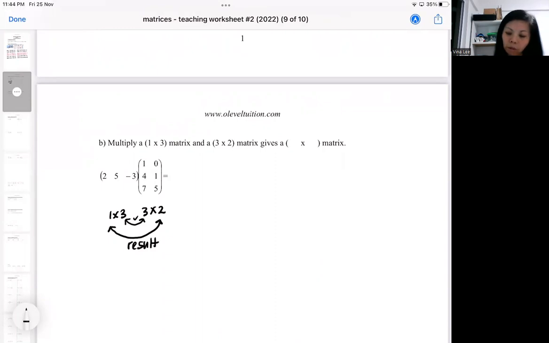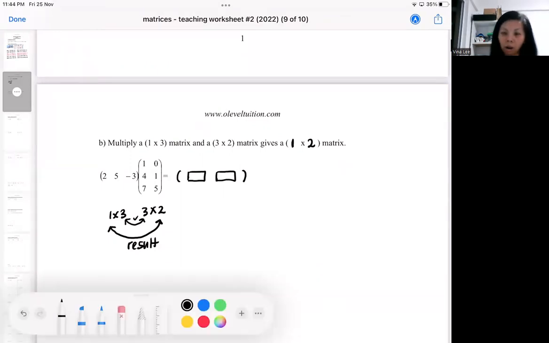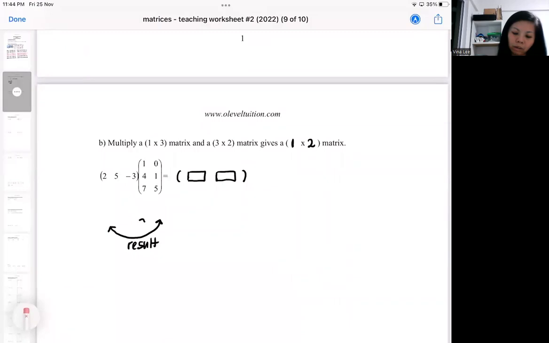So it will give you a 1 times 2 matrix. So if you look 1 times 2, how does that look like? 1 row, 2 columns. So there's only 2 numbers. So how do we get the 2 numbers?